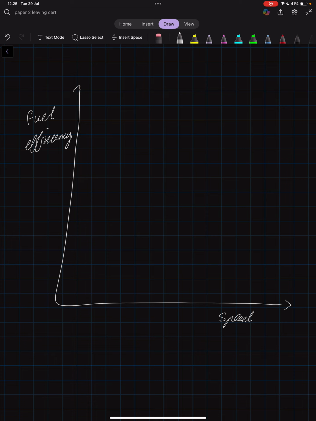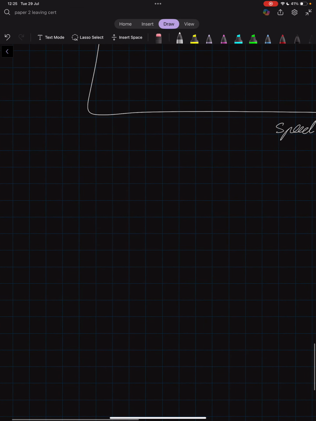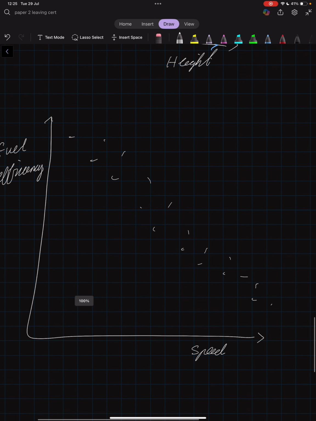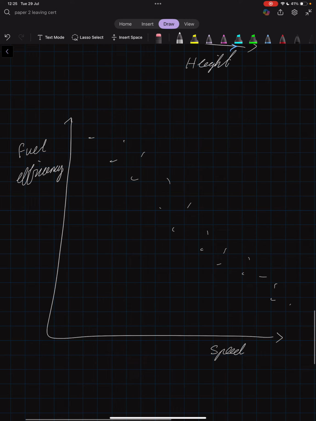Because you'd expect that the faster you're going, the less efficient you're going to be with your fuel. Okay? So then this would give you a correlation coefficient of negative. Okay?